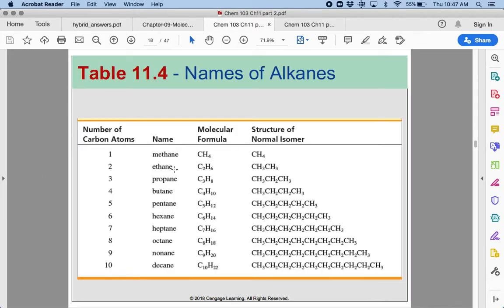Hopefully you've picked up on this: all alkanes end in the same ending, A-N-E. Methane, ethane, propane, butane, pentane, hexane, heptane, octane, nonane, decane. They all end in ane. The ane tells me that they're a hydrocarbon with all single bonds. Meth, eth, prop, but, pent, these are the words for the root.